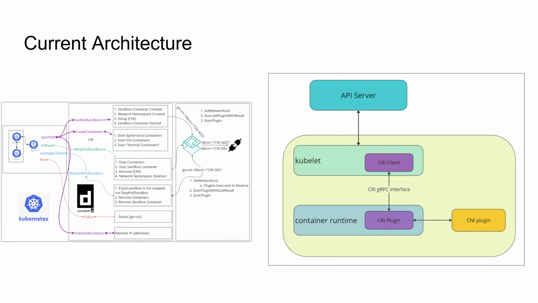And that's driven by the RunPodSandbox and StopPodSandbox. So RunPodSandbox is what's responsible for creating the network namespace and then executing the CNI, while RemovePodSandbox is responsible for executing the CNI delete and then the network namespace deletion. And these are all synchronous gRPC calls.